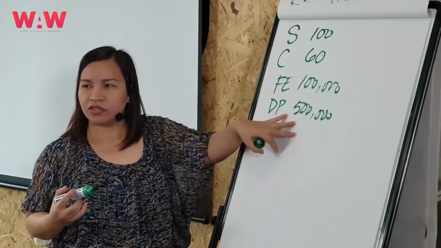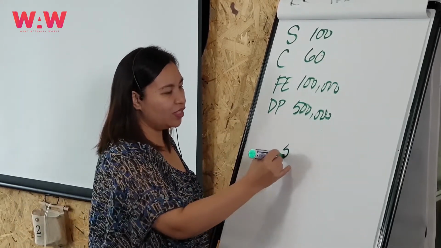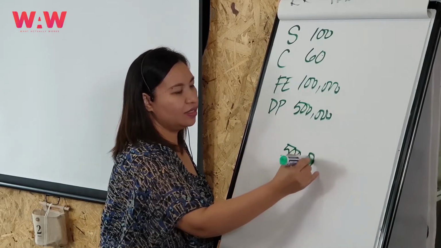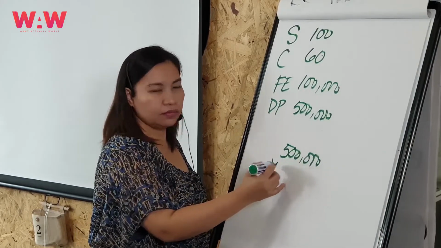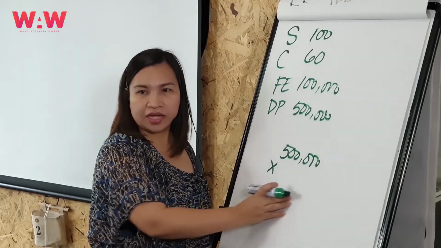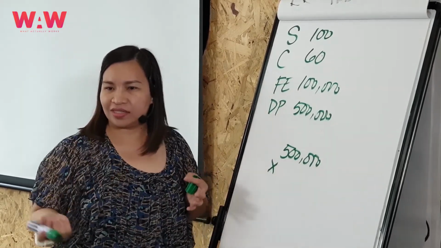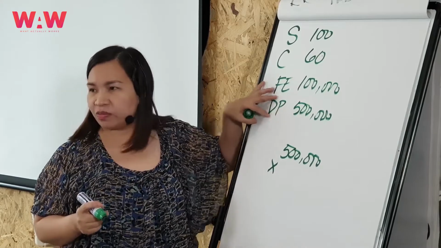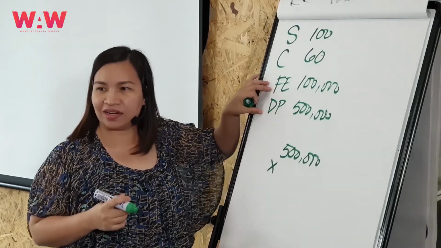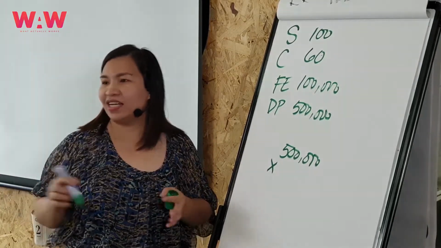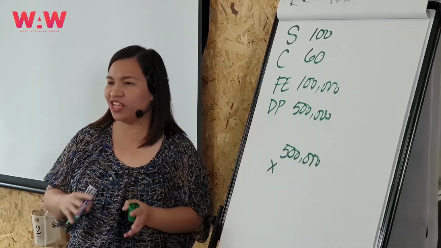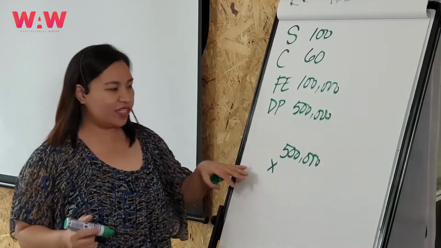Just multiply your 500,000 by the tax rate. If you want to take out the tax, because this one is gross, meaning the tax is included here. Since let's say, for example, this is a corporation, the tax is 30%.